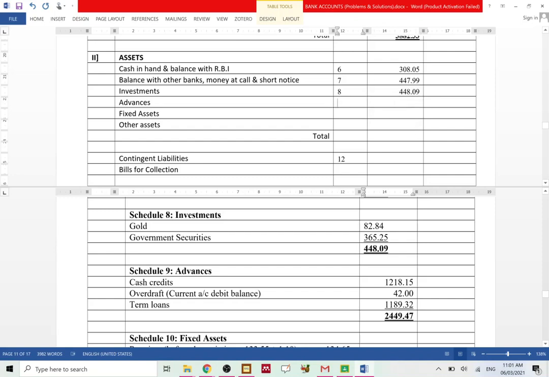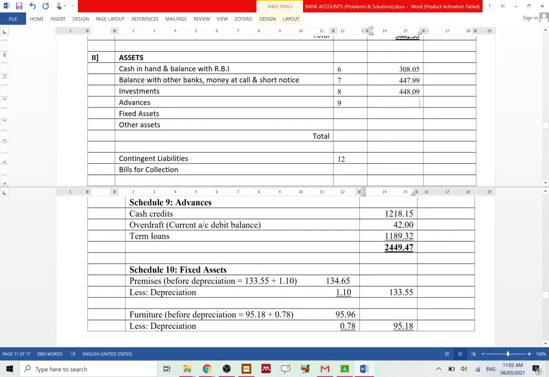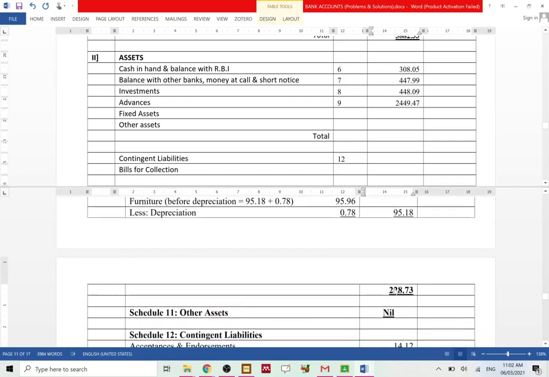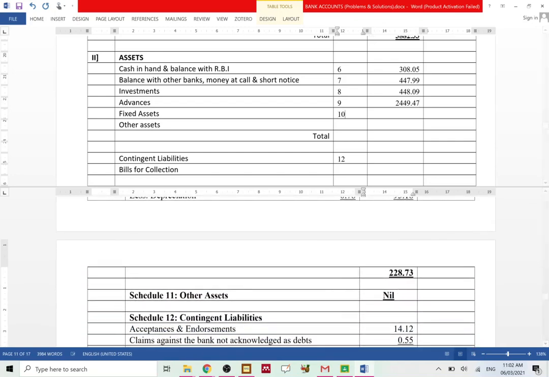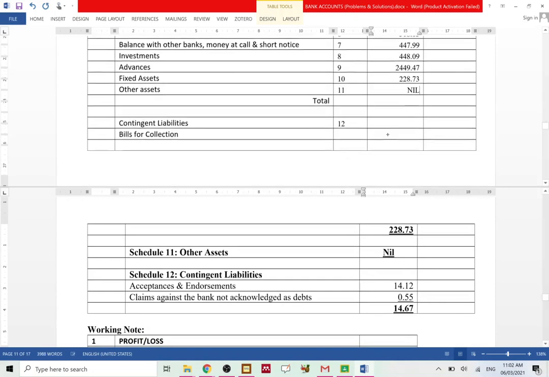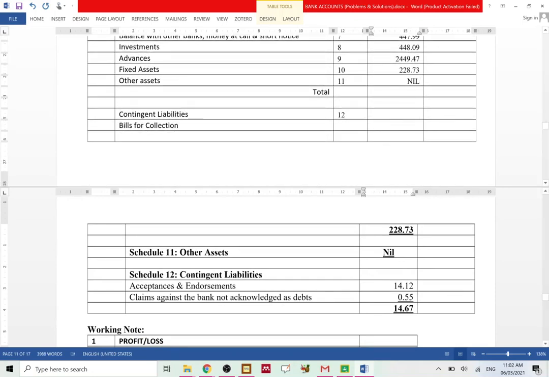Then advances, which is schedule 9, the total is 2449.47. Okay. After that, schedule 10, fixed assets, 228.73. Schedule 11 is nil, as we have seen, and we also calculated schedule 12 total 14.67.